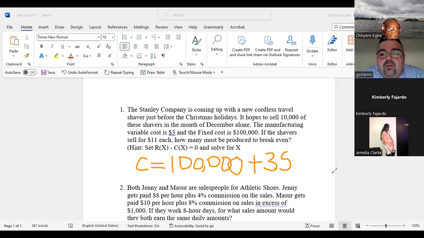S is for shaver because they're going to produce shavers. So that is their cost. They manufacture shavers, and maybe we should call the shavers V so we don't confuse it.